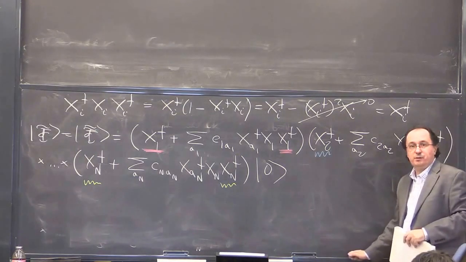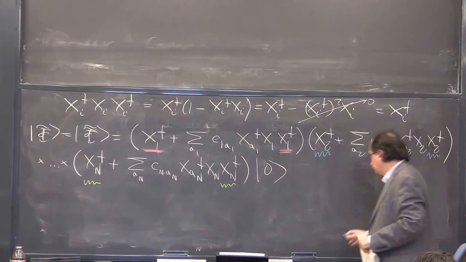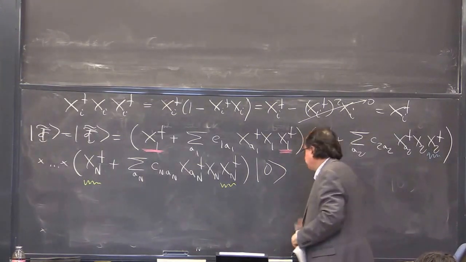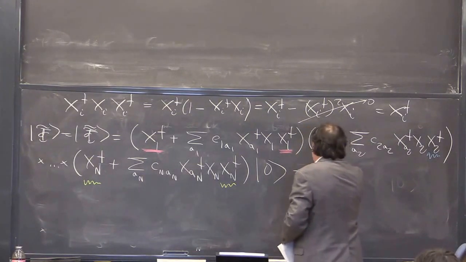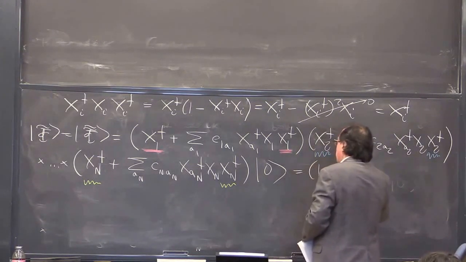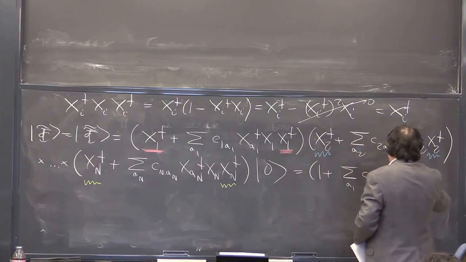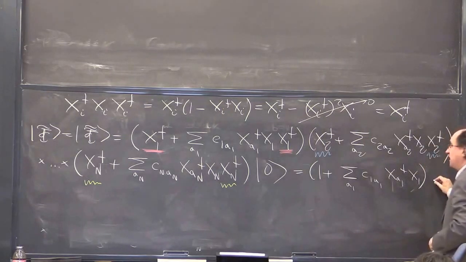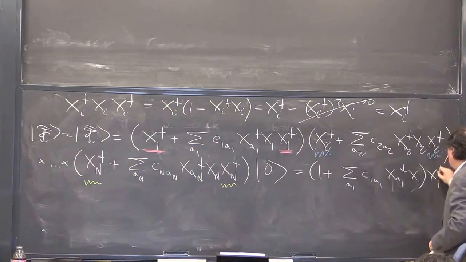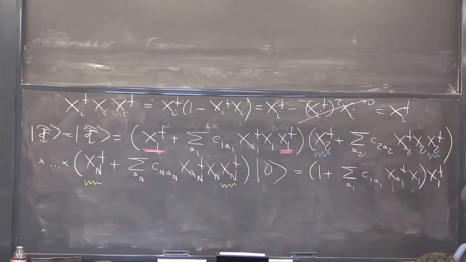So that's what I'm going to do. So we end up with 1 plus a sum over a1, c1, a1, x a1 dagger, x1 times x1 dagger. Okay, that's how the first expression will look like.